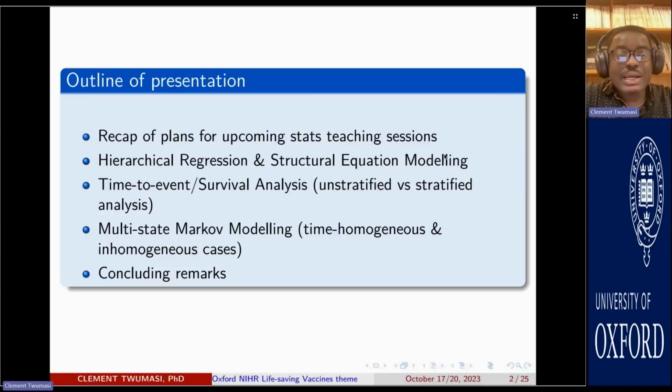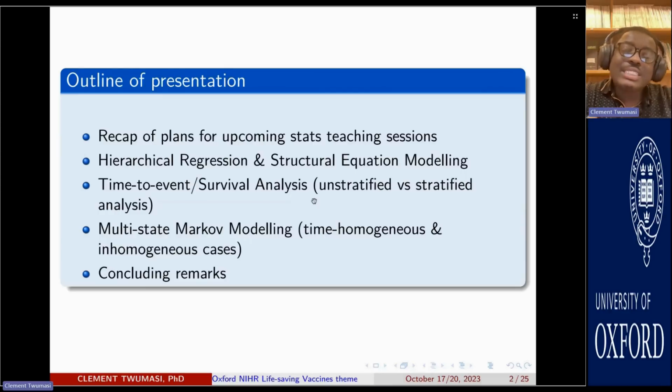Again, we'll touch a bit on the ongoing stats teachings and also future plans. And then today we are going to introduce very interesting statistical applications, some of which are less used in most health studies.